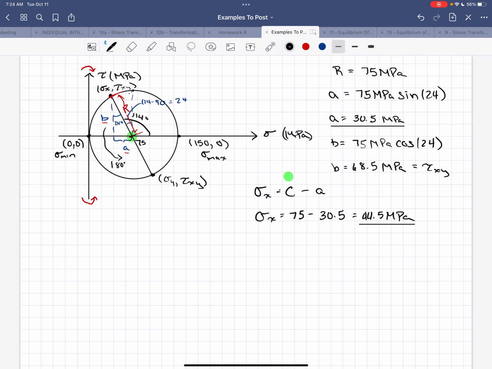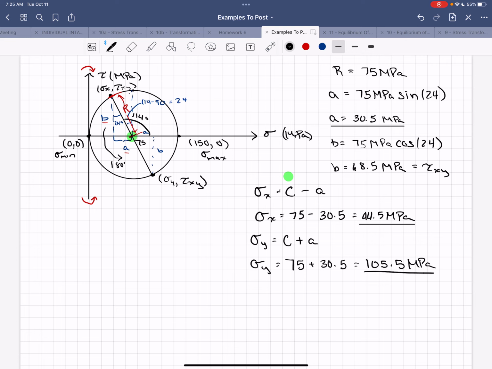So to find sigma y, we would have these same distances A and B. So sigma y is just C plus A. So sigma y equals 75 plus 30.5, and that equals 105.5 megapascals.